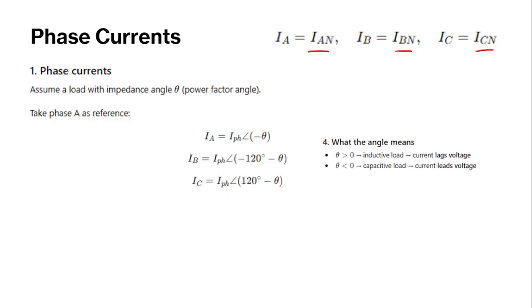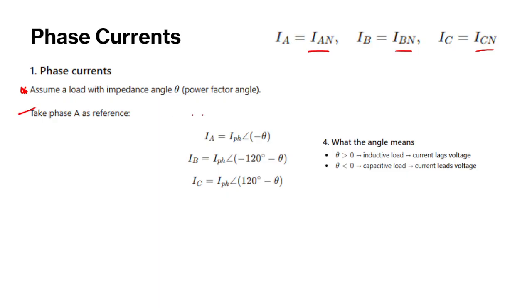But the angle for it depends on the load, because the source supplies current based on what the load needs. The current is more of a responding variable, right? So the phase current depends on the load, power factor, or the impedance angle, all the same thing. The impedance angle is basically the same thing as your power factor angle, right?